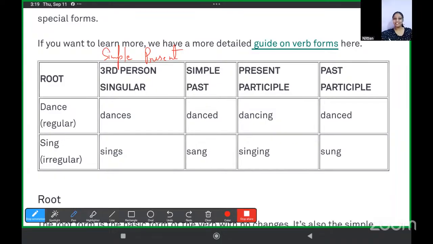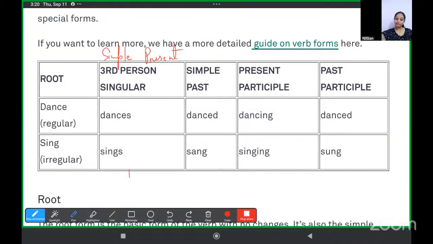I've not even heard of the fourth and fifth form; I thought there were only three forms. Sometimes the fourth and fifth forms are mentioned, but I've never heard of a sixth form of the verb.